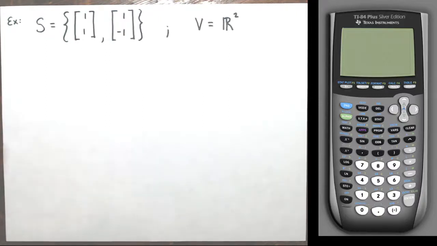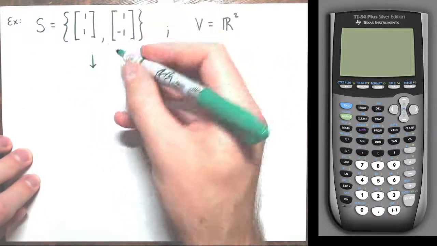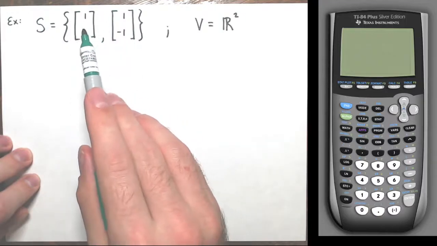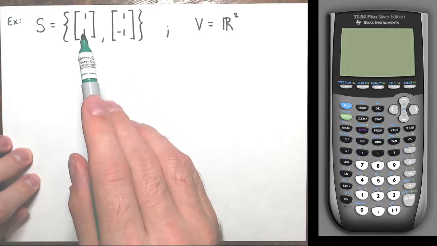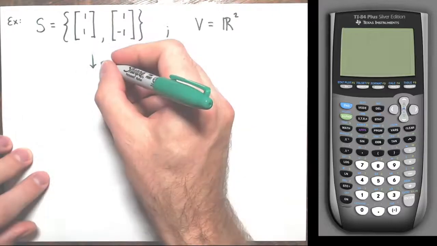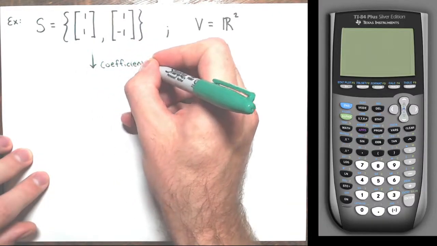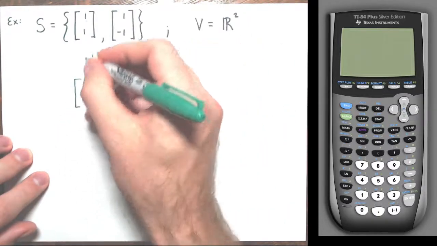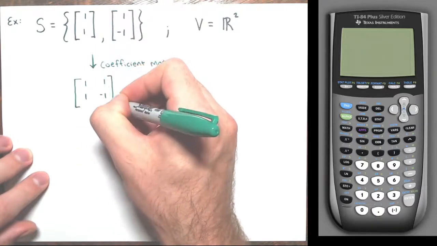Just to make things real quick, if I were to set up a system of equations where I have a linear combination of these two vectors equals a vector in R2, or a linear combination of these two vectors equals the 0 vector when I'm checking for independence, the coefficient matrix for either of those systems will simply be made up of these vectors as columns: 1, 1, 1, -1.